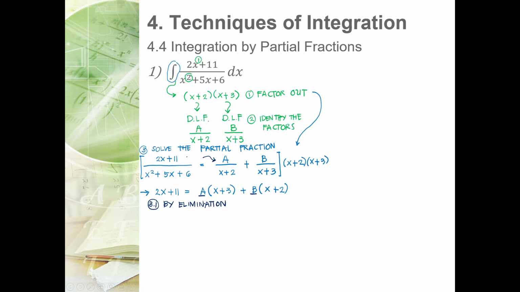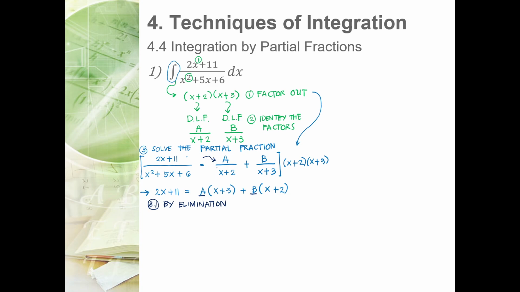In elimination, you're going to let x be equal to something so that you can eliminate one term. If you want to cancel out A, let x be equal to negative 3, so that negative 3 plus 3 is equal to 0.